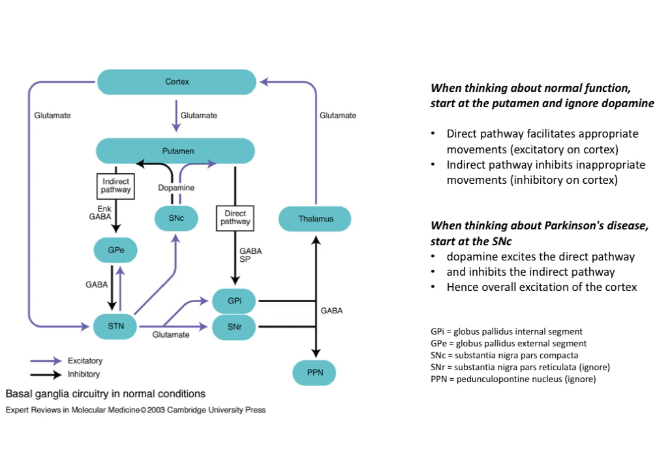When we are considering the normal function of the basal ganglia, it helps to start off at the level of the striatum, and we're focusing on the putamen just here. Now, the putamen communicates with the internal segment of the globus pallidus, and this is the first portion of the so-called direct pathway from putamen back up to cortex.